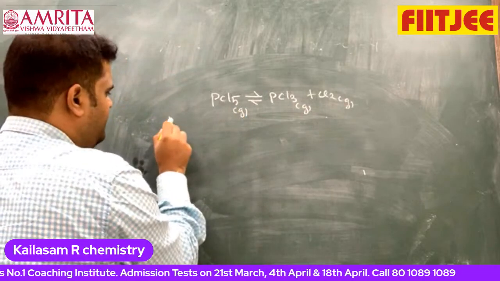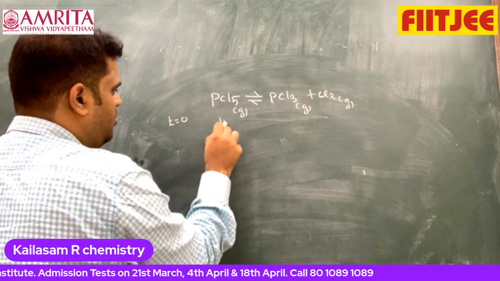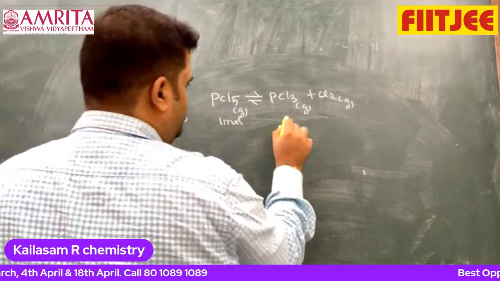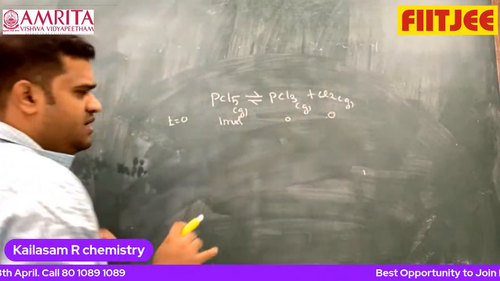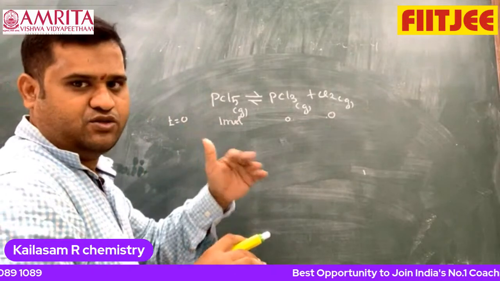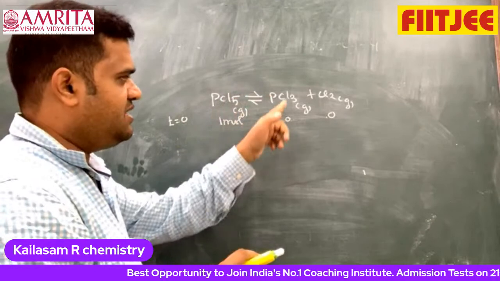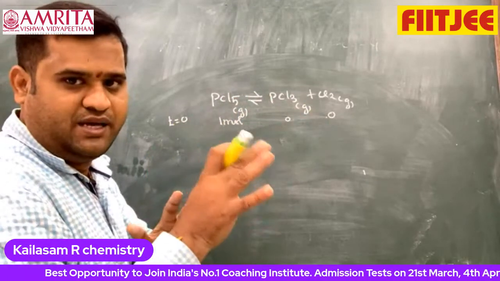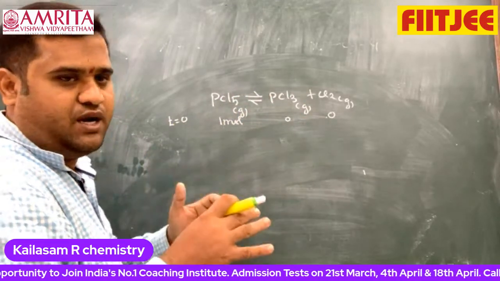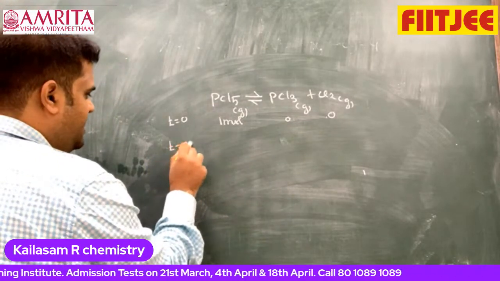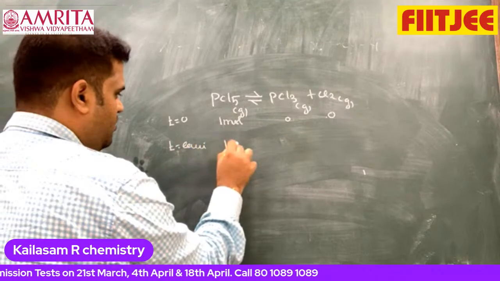Now at time equal to 0, I am taking 1 mole of PCl5, and PCl3 and Cl2 are 0 because nothing is formed. We know you have seen the graph. Obviously, as time progresses, PCl5 decomposes to give PCl3 and Cl2. Once the reaction attains equilibrium, at equilibrium I am writing 1 minus x.